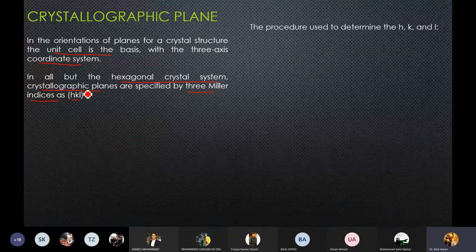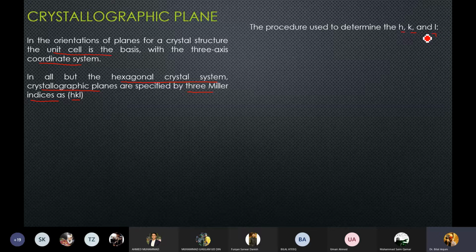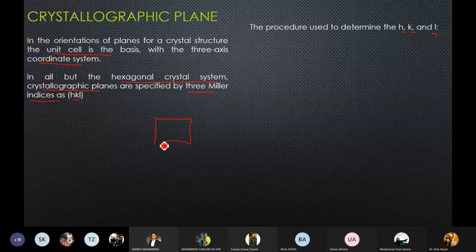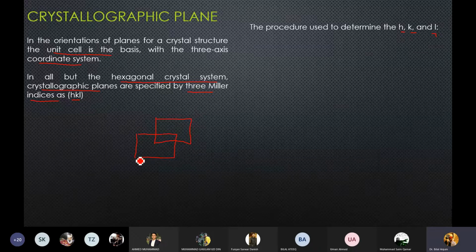So the procedure to determine HKL, how do you find the HKL for a specific plane? I'll discuss the procedure. Let's say I have a cubic unit cell. This is my unit cell, and I'll take the simplest plane.